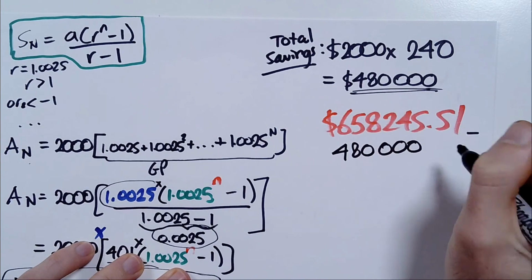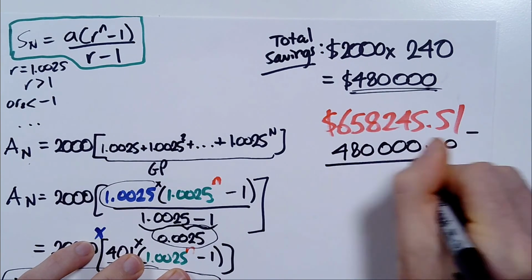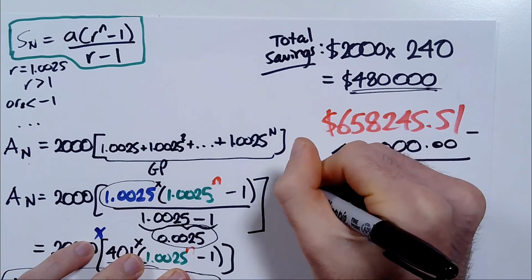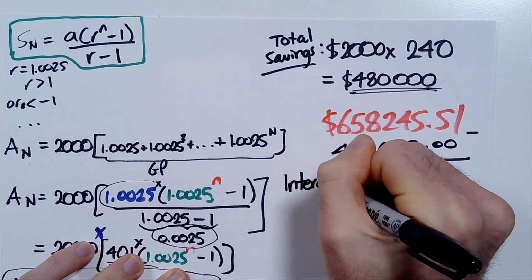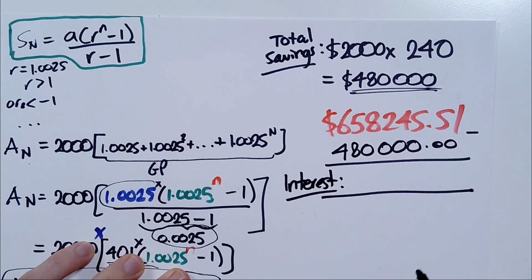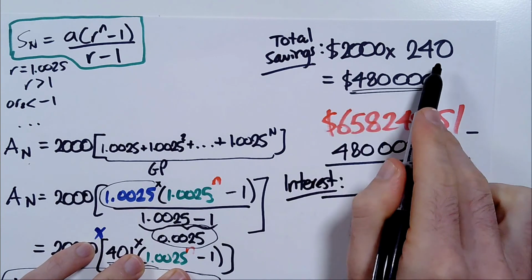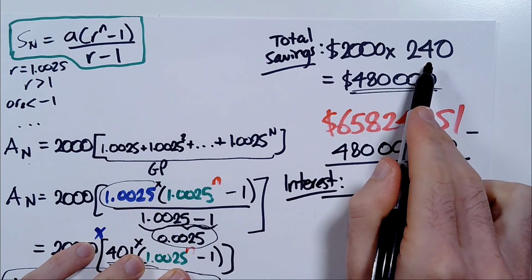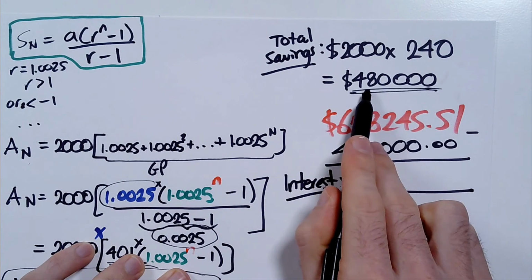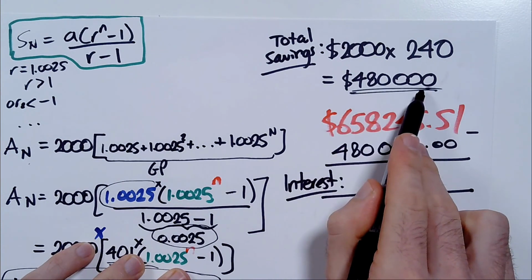How much additional money has the bank given you? How much have they rewarded you with for putting the money in the bank with them instead of putting it under your bed? Remember, if you were stashing the $2,000 every month for 20 years under your bed or somewhere in your house, you would only have $480,000 at the end of the 20 years.